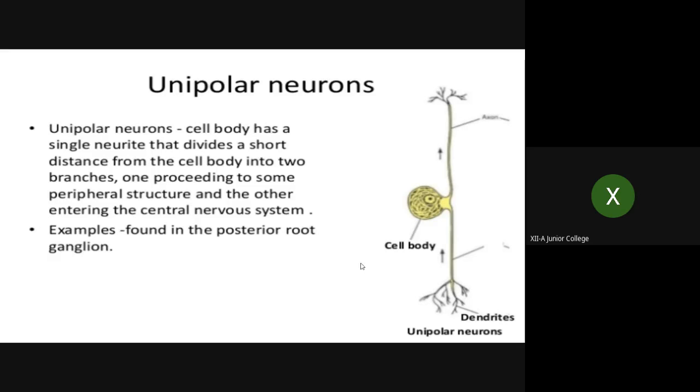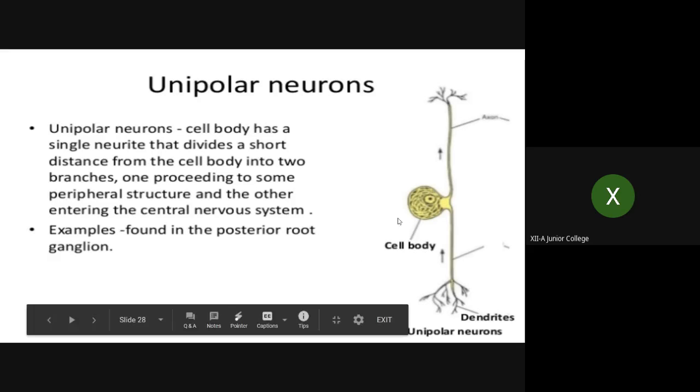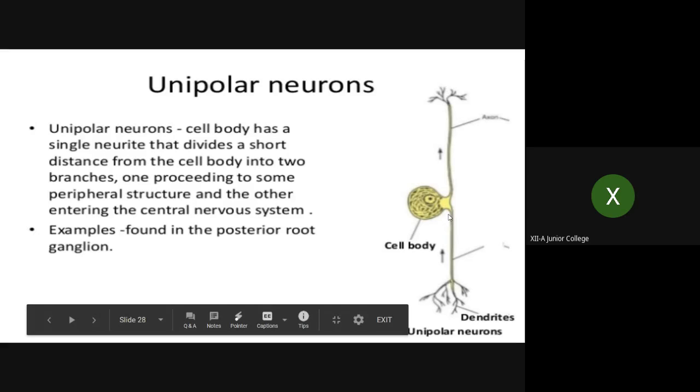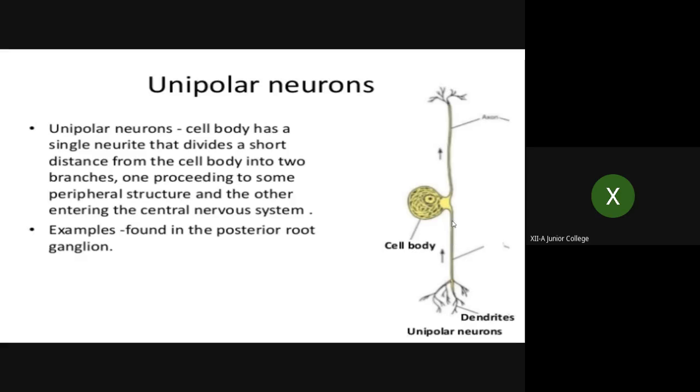Unipolar neuron. Now if you see in this diagram, this is the cell body, the cyton, that is the single cyton. It has only one extension. This is the cell body, and then it is showing these extensions called dendrite. This is one dendrite of the cyton, and this is the axon.